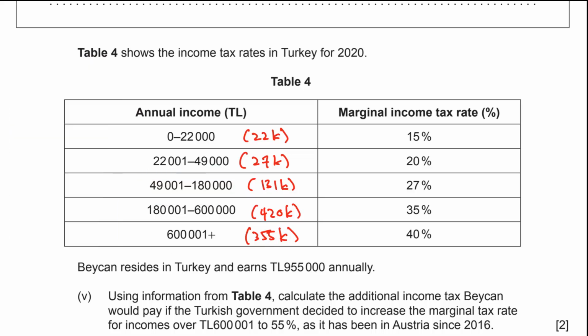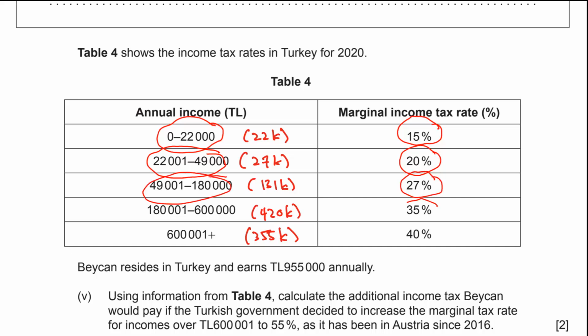So here's how the calculation is going to work. If this person is earning 955,000, then they're going to pay the full amount, 15% of this first bucket. They're going to pay the full amount, 20% of the second bucket. They're going to pay the full amount, 27% of the third bucket.